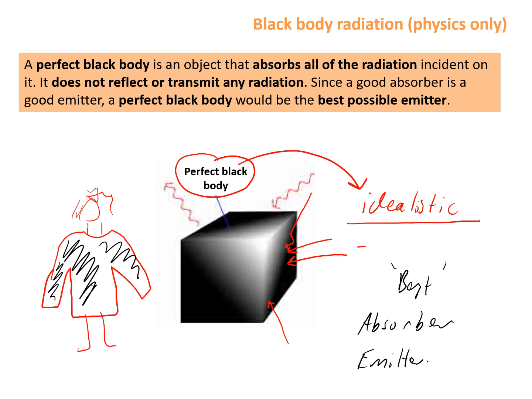So a black body would be the best at absorbing radiation, and it would also be the best at emitting radiation. So it would absorb everything that hit it, but actually if it was a warm object it would be brilliant, perfect more or less, at giving out the infrared radiation from a warm object.